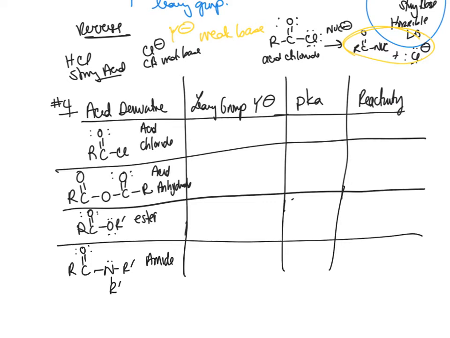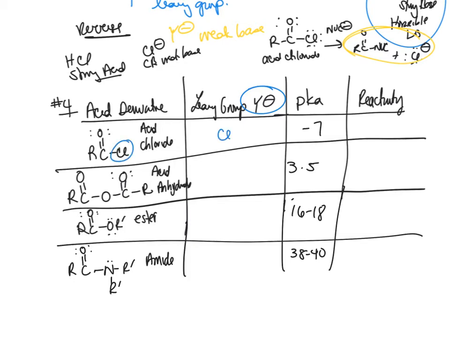Now, we also have pKa values, -7, 3 to 5, 16 to 18, and 38 to 40. So you see we're increasing those pKa values. Draw the appropriate leaving group. So they want you to draw the leaving group for each acid derivative in the table.